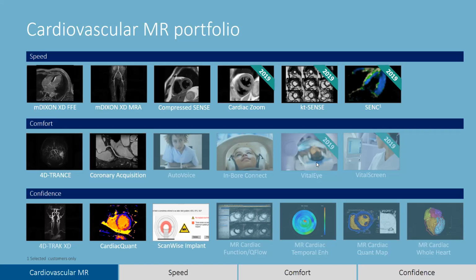Without triggering, we can. There are two options of triggering: by using the ECG and by using the pulse PPU. In Philips, I talk about Philips, in this slide you see the cardiovascular MR portfolio. It's our new innovation in Philips, the Vital Eye.